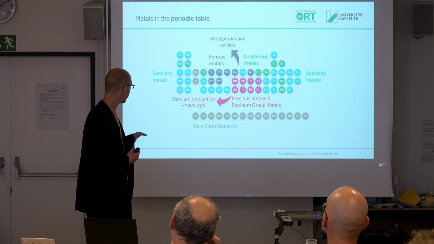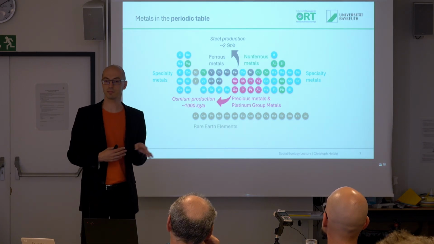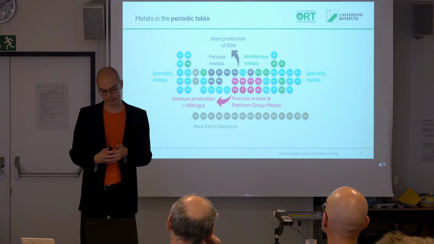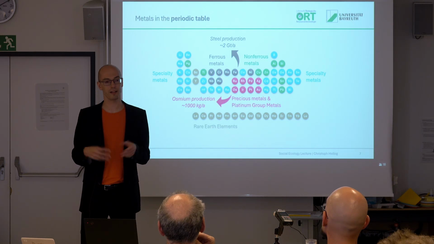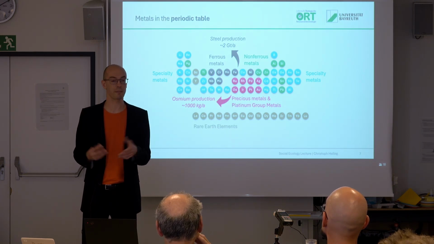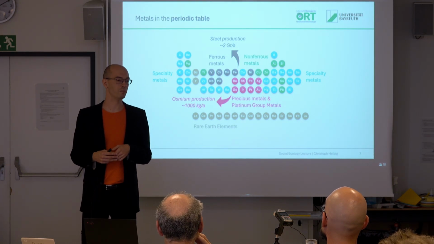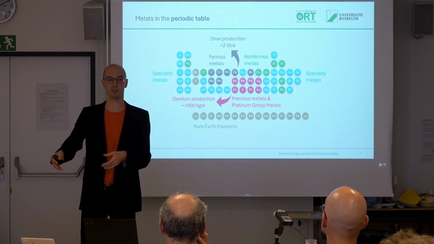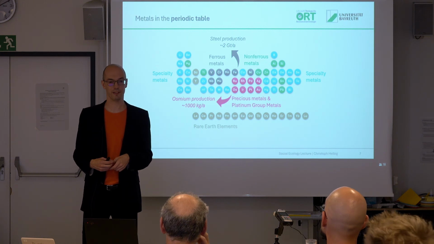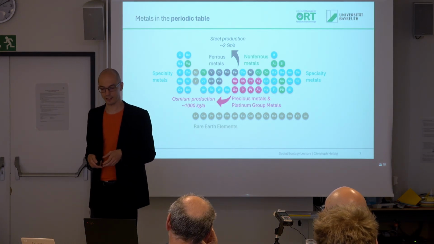We can talk about rare earth elements. We'll talk a little bit about that later today. And then there's the rest. Sometimes that's called technology metals, sometimes specialty metals. But mostly it's a basket where you throw in everything else which doesn't fit into those mega categories.